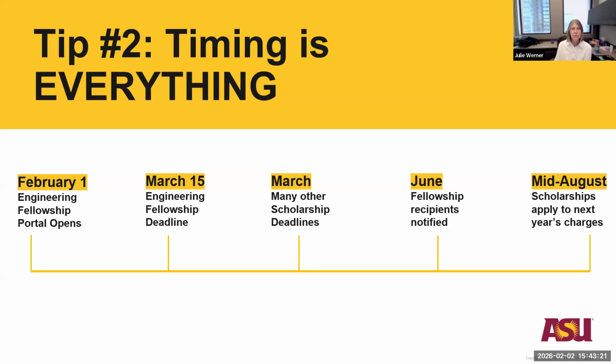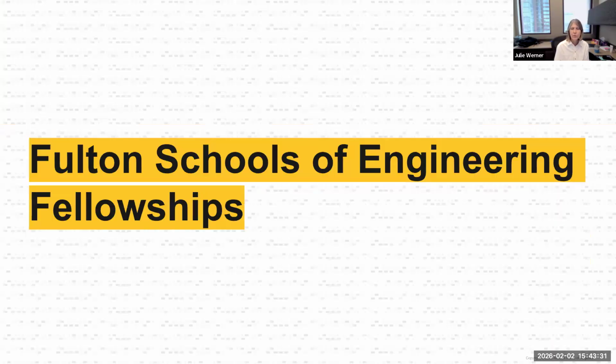Then in mid-August, we plan to get scholarships applied to the next year's charges in your account. Most of the work required on your end happens before the academic year begins, so missing deadlines can mean missing out on funding for the entire year. So keep your eyes open for that.